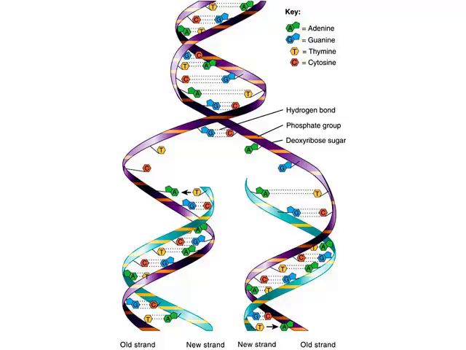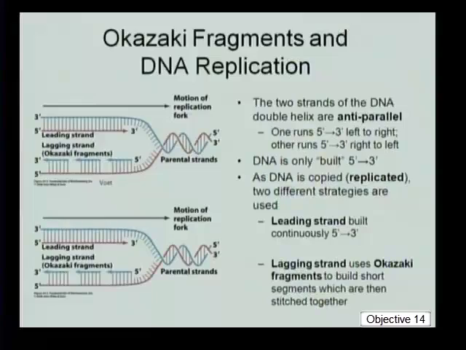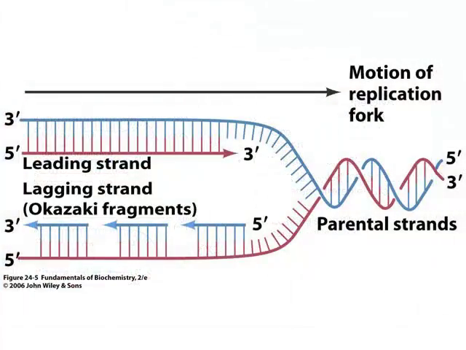Remember I said earlier that everything has to be built in a 5' to 3' direction. And that's going to be an important part of this next story. And the next story is about something called an Okazaki fragment. So DNA is anti-parallel when it's a double helix. We looked at that earlier in this module.